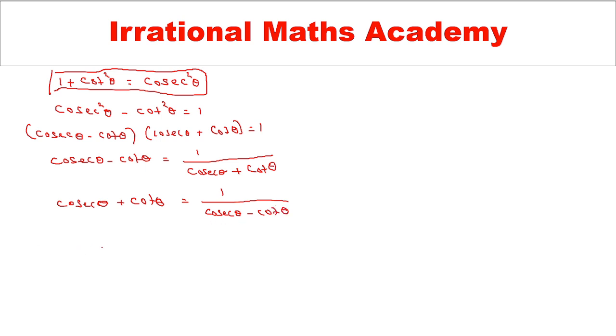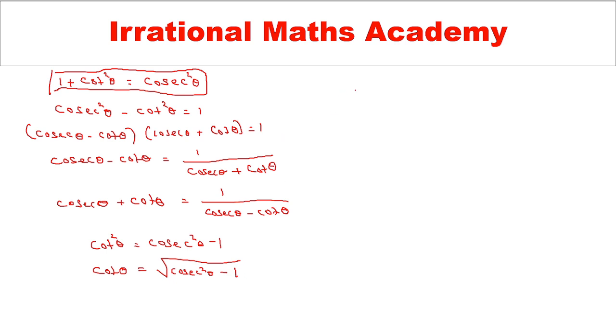And one more thing, you can write it as cot squared theta equal to cosecant squared theta minus 1, or if I need just cot theta in terms of cosecant theta, we can write it as what? Under root of cosecant squared theta minus 1.